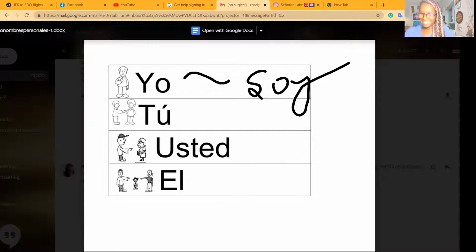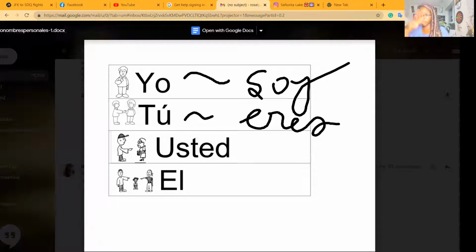Tú eres. Okay? This is the verb to be. This is when you're speaking to somebody that's at your level, right? Like if you're a kid, you're not going to say usted eres. You could say tú eres.